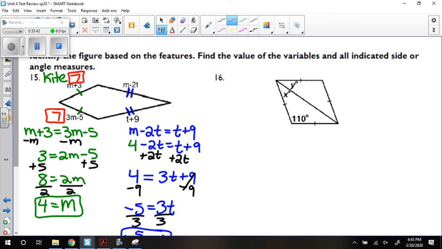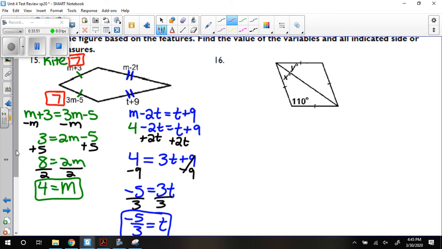And 3 times 4 is 12, 12 minus 5, that is 7. On the other side, if I do t plus 9, so I'm doing negative 5/3 plus 9, if you type that into your calculator, you end up with 22/3, which means this side is also 22/3.